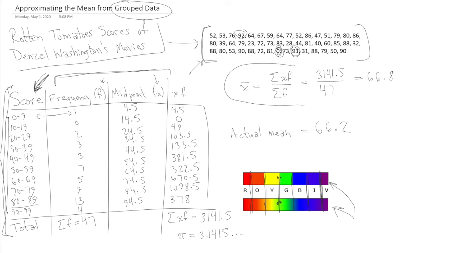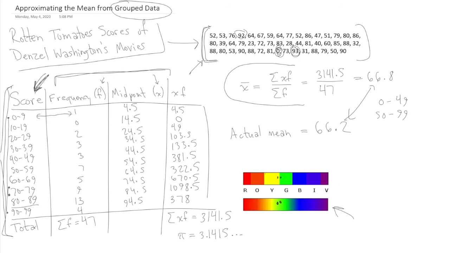I took these 47 movies, I put them into pretty big bins, right? A movie that scores a 70 and a movie that scores a 79 aren't that close to each other. I just guess that they're all in the middle of the interval, in the midpoint there, and my average overall was very close. So, because I use bins of this size, it's not perfect, but it's not bad. If I had grouped them maybe 0 to 49, 50 to 99, those bins are so large, I'm not really retaining that much information.